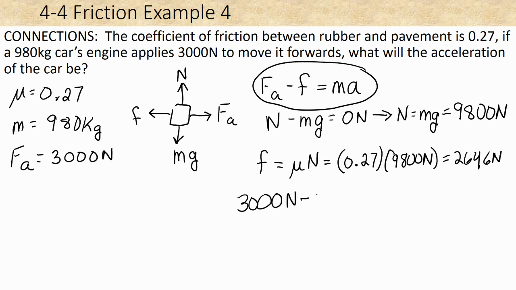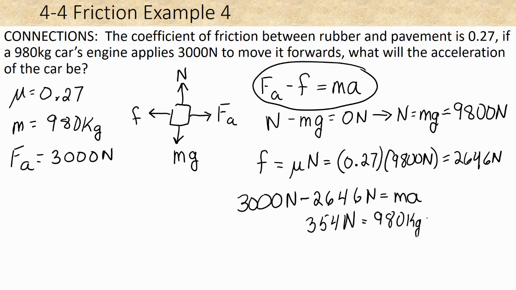And we're subtracting the force of friction, 2,646 newtons. And that's equal to m times a. So the left-hand side, 3,000 minus 2,646, is 354 newtons, equal to 980 kilograms, that's our mass, times the acceleration.